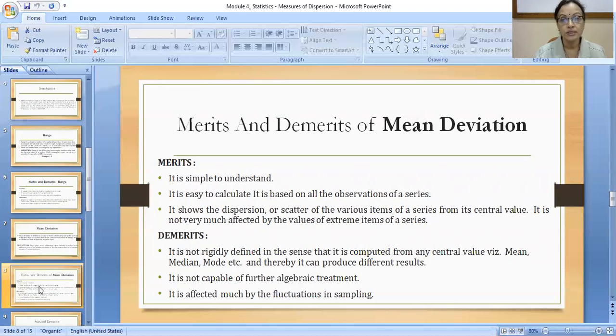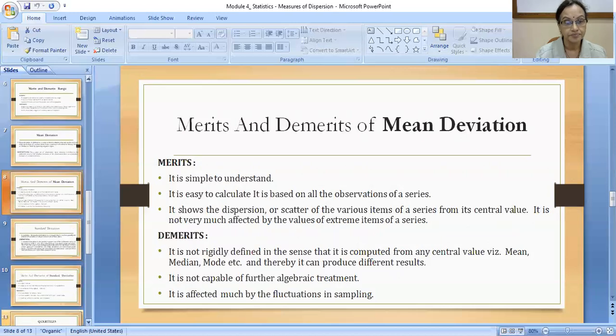Demerits are: it is not rigidly defined in the sense that it can be computed from any central value, for example mean, median and mode, and thereby it can produce different results. It is not capable of further algebraic treatment. It is affected much by fluctuations in sampling.